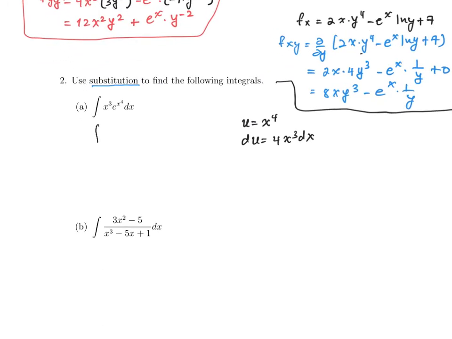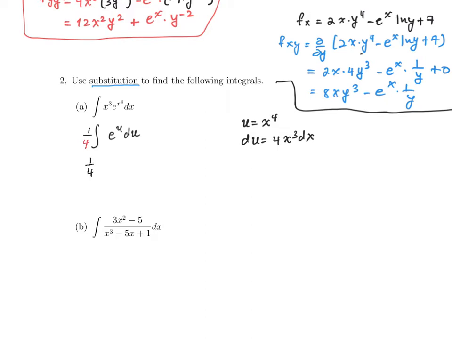And if you look closely at this, this will be e to the u du. This is e to the x to the 4. Notice that the du contains 4x cubed, so you have x cubed here and the x, so you have this extra 4. So to fix that, you multiply by 4, and then you integrate.